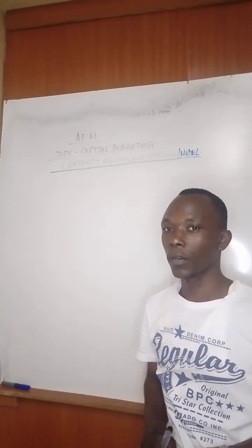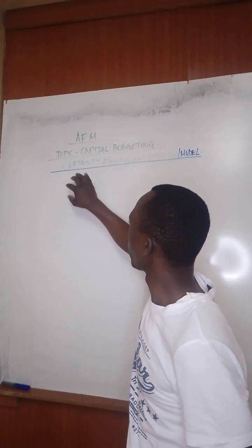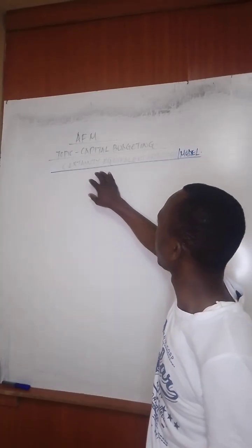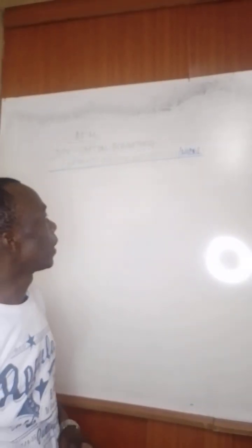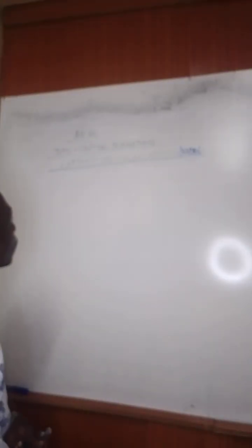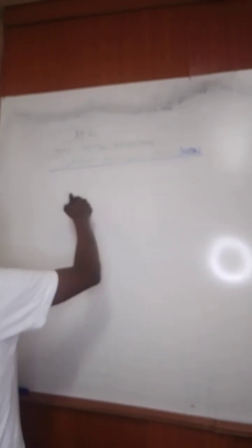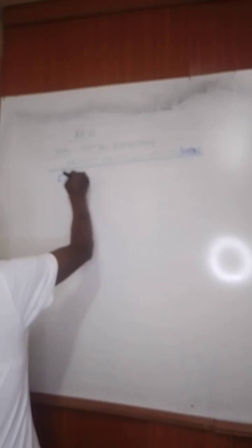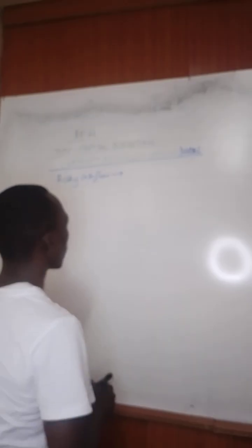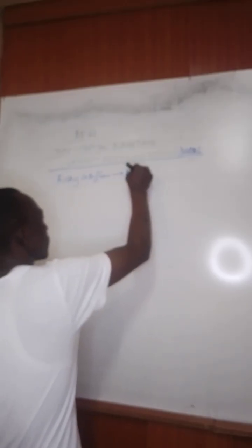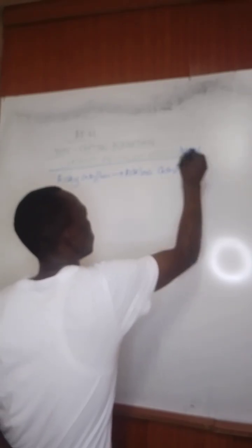Let us discuss capital budgeting, and the model that we will discuss today is the certainty equivalent approach, or what we call the certainty equivalent model. Under this model, we normally take the risky cash flows and convert them into riskless cash flows.